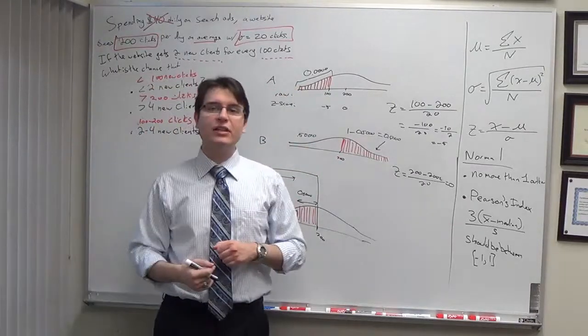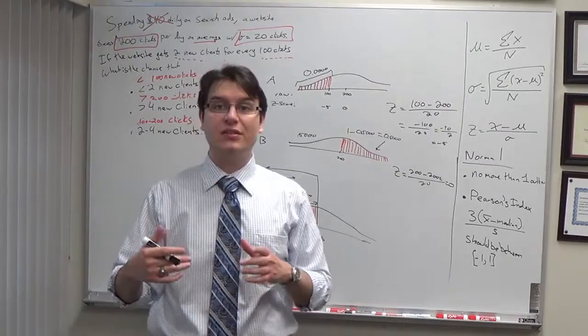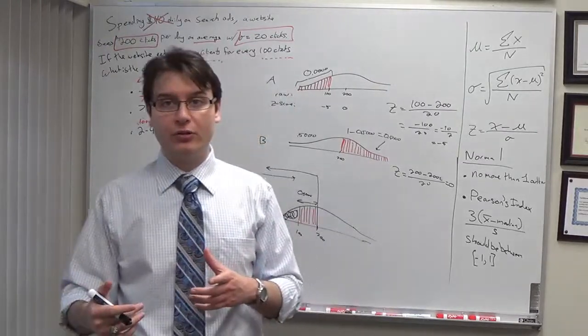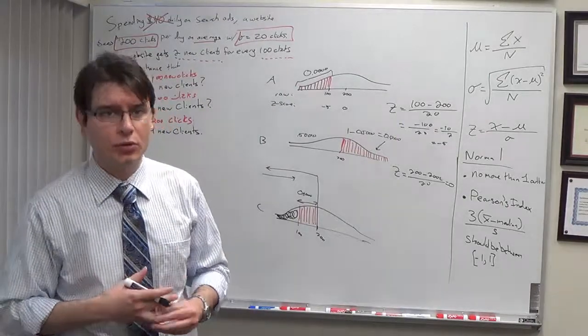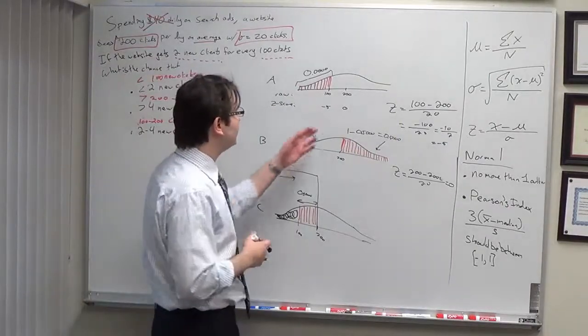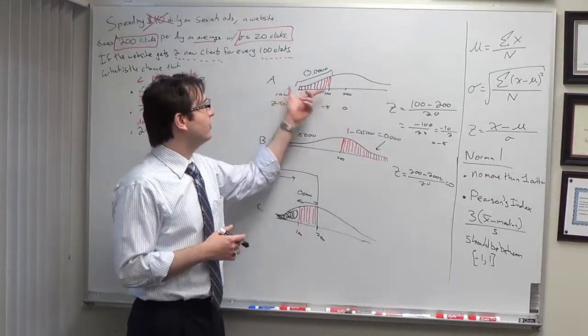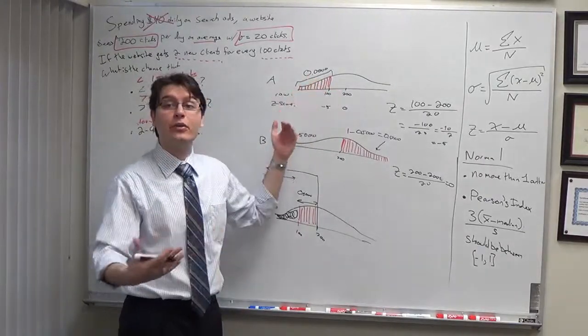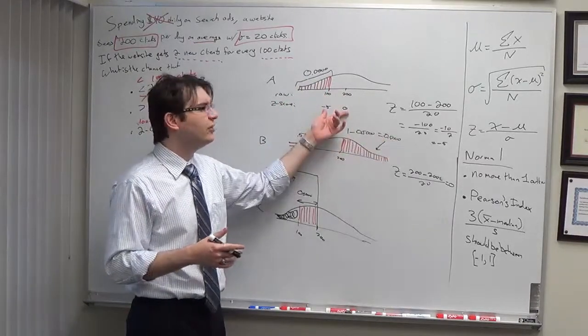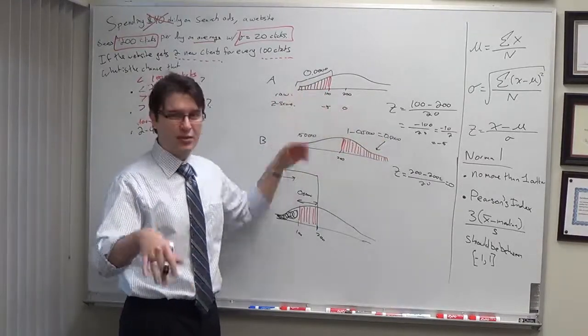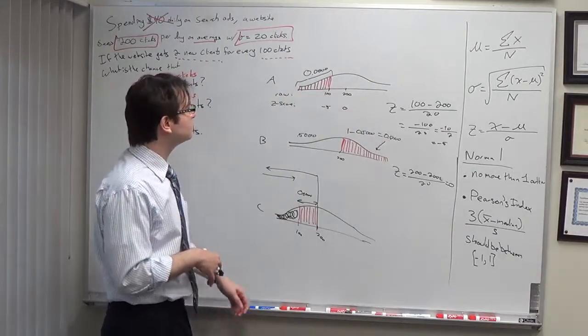And while our chart is geared towards areas to the left, with clever subtraction, we can always find just the area we're looking for. And I think it helps to draw out your normal curve, shade in the area you want, and also talk about what are the raw points, and then convert them with z-scores into z-points, and then you can write out the areas like I did here.